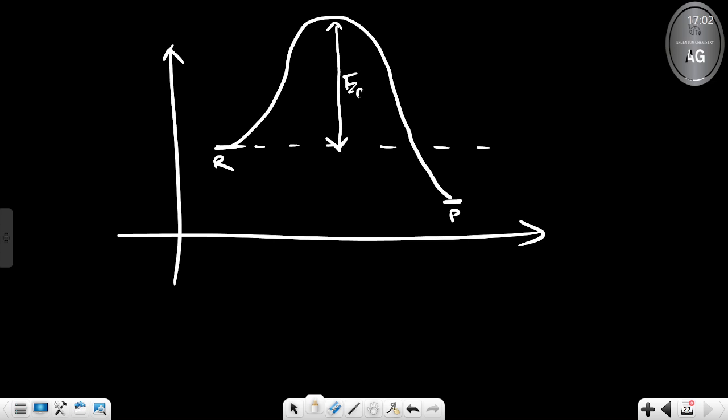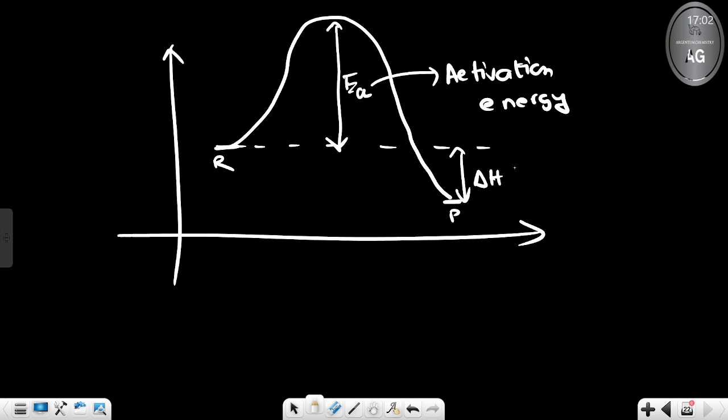This energy barrier is called activation energy, represented by Ea. Clear? And this is called the delta H. The energy that is released in the course of reaction. Okay.